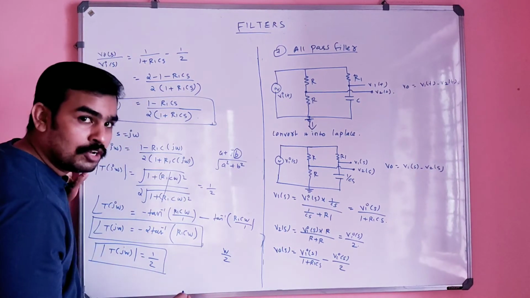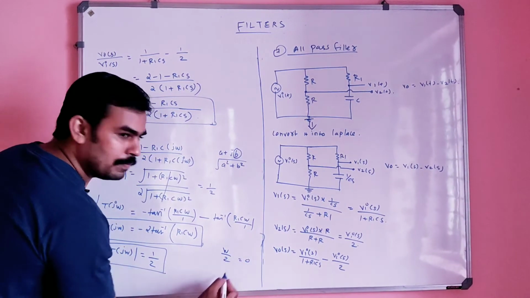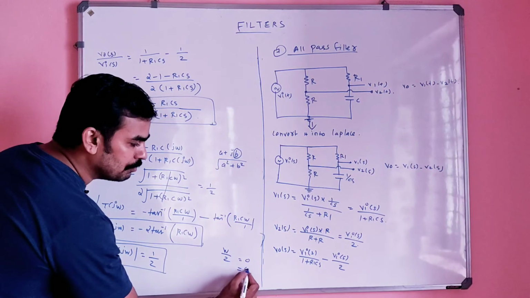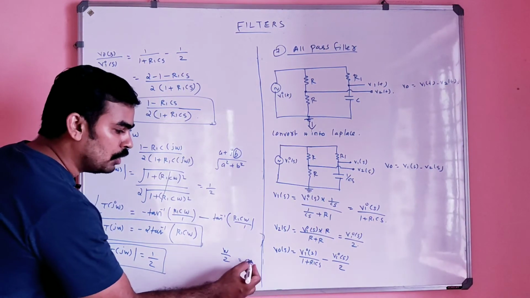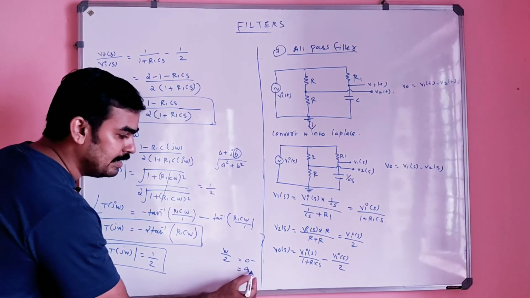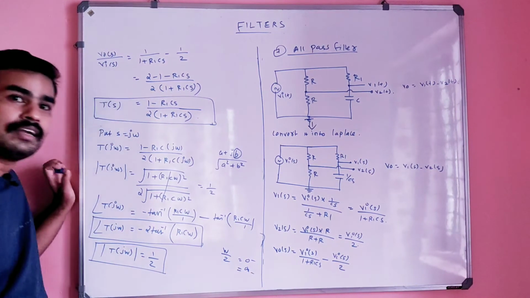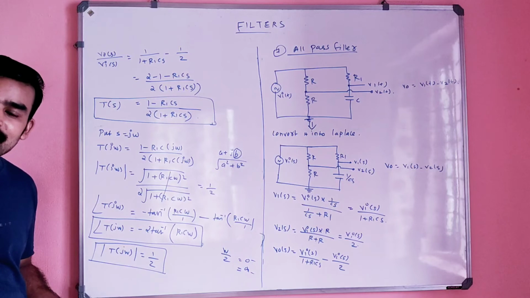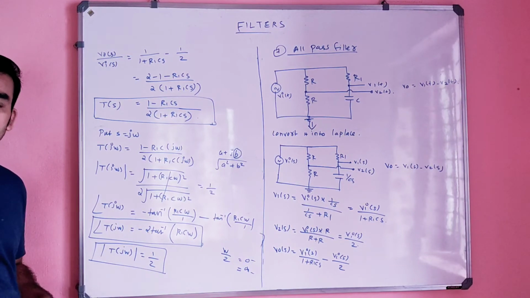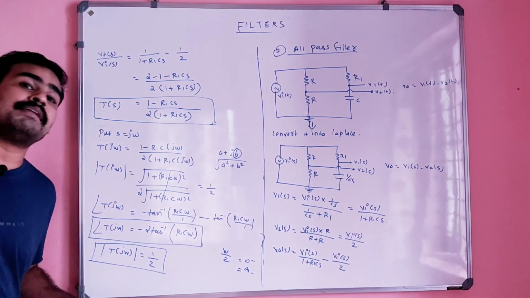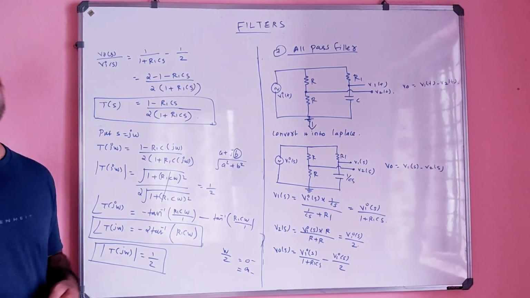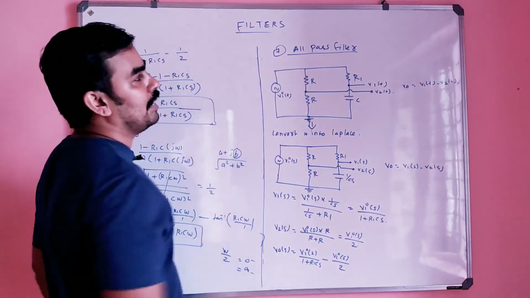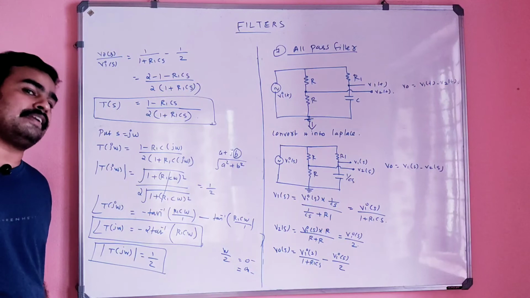If omega is equal to 0, the output will be 0. If omega is equal to infinity, the output will be infinity. That means there will be no output for 0 frequency, but there is output for infinite frequency. So it is frequency dependent; it will allow certain frequencies only and block other frequencies. That means it will not be an all pass filter.